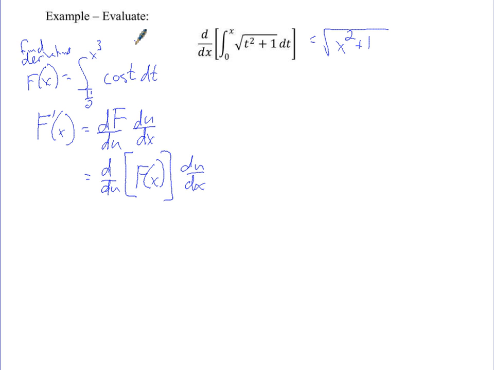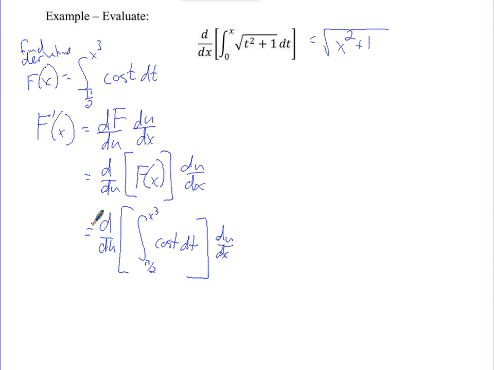So I'm going to plug this in right here. This gives me the derivative with respect to u of the integral from pi over 2 to x to the third of cosine t dt. And all of that still has a du over dx hanging on the outside.